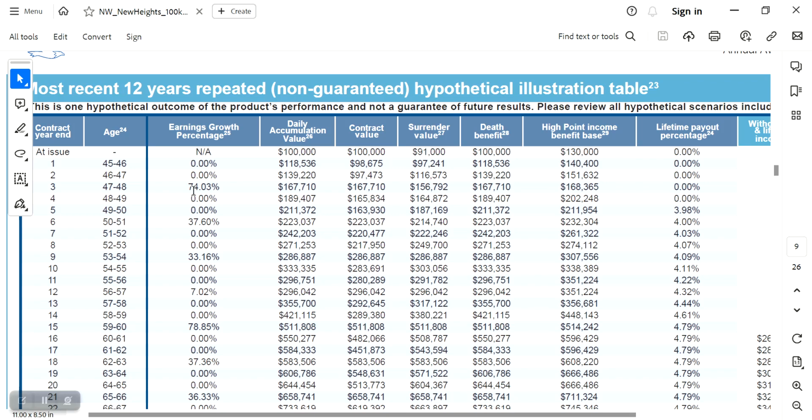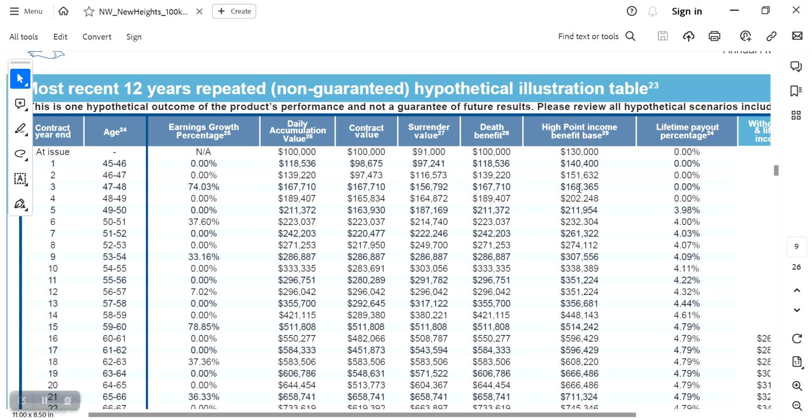Because the daily accumulation value is looking at the underlying index on a daily basis. I see. But you do credit that number at the end of the third year because we have 3-year point to point. Correct. Okay, that makes sense.